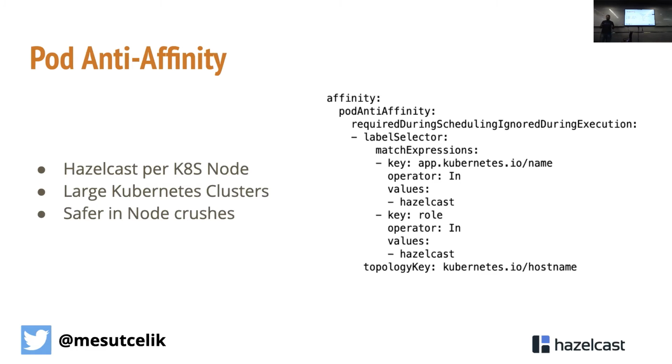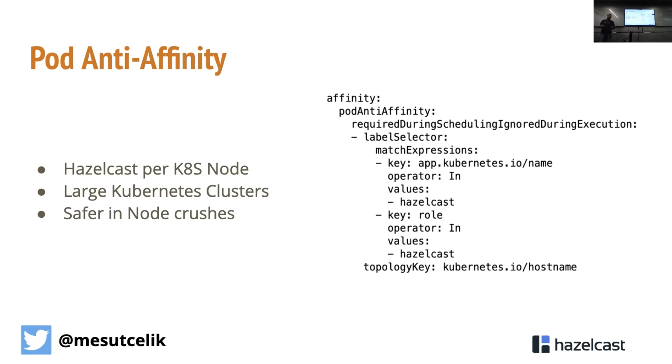The scheduler is the one deciding this, and it is very well possible in small clusters to have multiple pods on the same Kubernetes node. When I say Kubernetes node, as you know, it is a virtual machine in the underlying infrastructure. As the Hazelcast backup count is 1 by default, if 2 members are located on the same node and that node crashes, you lose your cache.